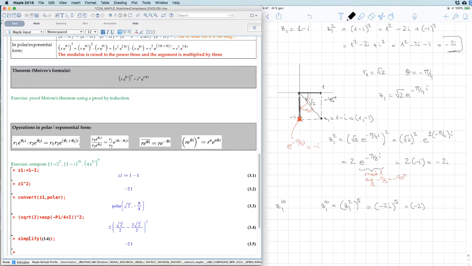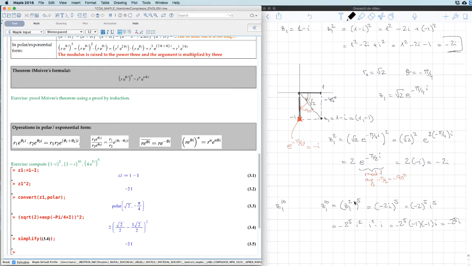Now I can do (minus 2) to the power 5, i to the power 5, and now I rewrite i to the power 5 as i squared squared times i, which is 1 times i. So it's going to be (minus 2) to the power 5 i. So even though in this case it would not in principle be as easy to do it in binomial form, since the square is easy, we can do it.